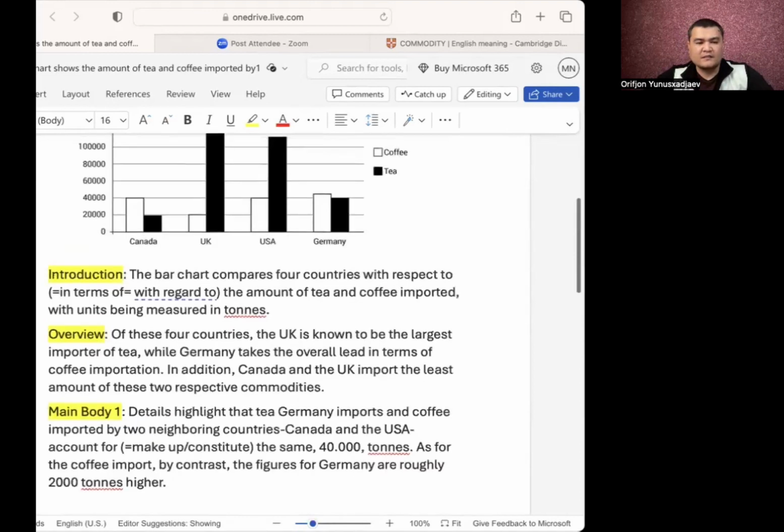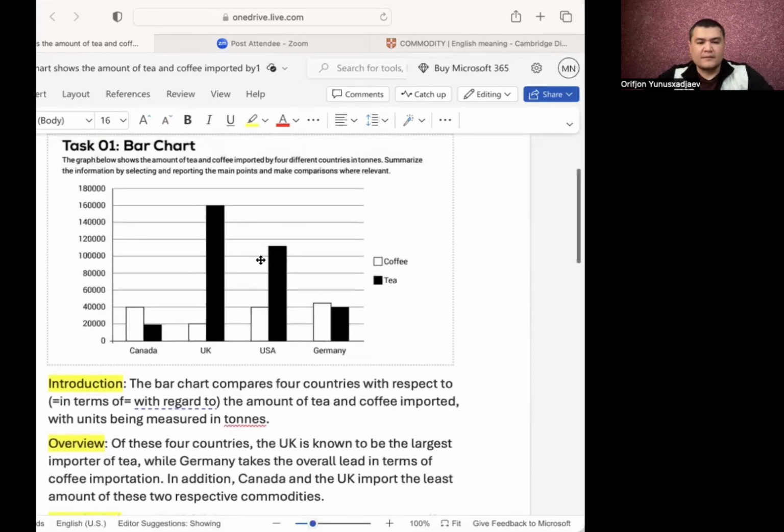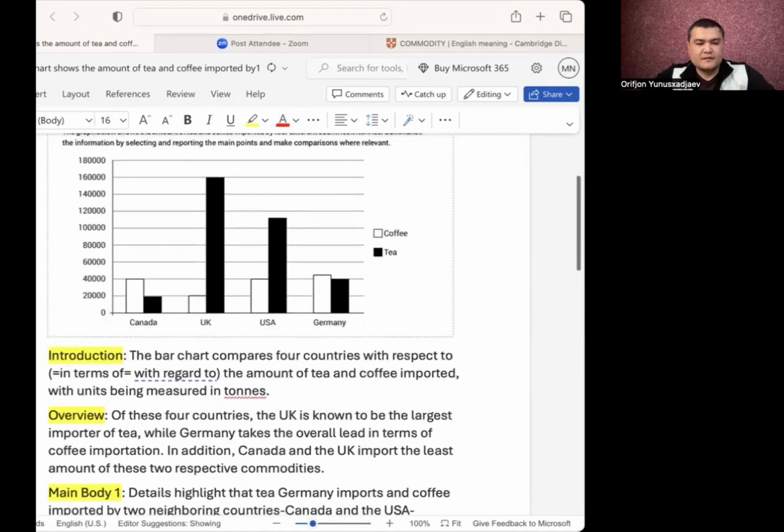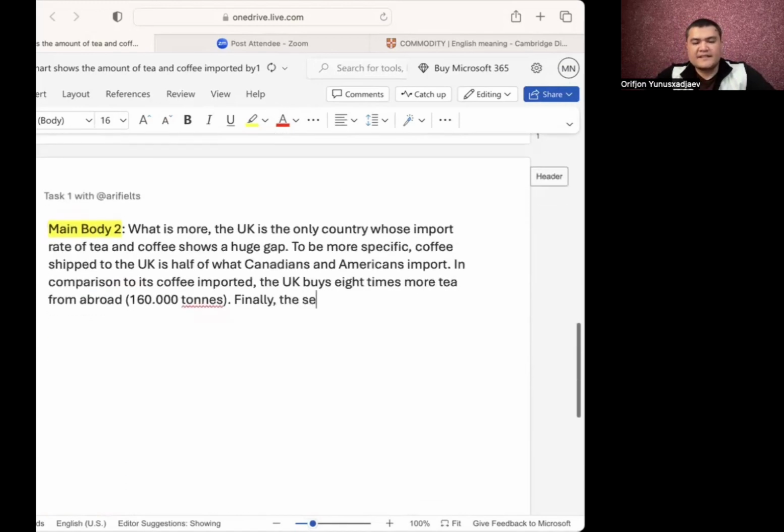And the only remaining one here is the tea import of the USA. So it's about 110,000. All right. So we can use the word finally. Finally, what is happening? 110,000, okay. The second highest importer, maybe we'll say tea importer, right?